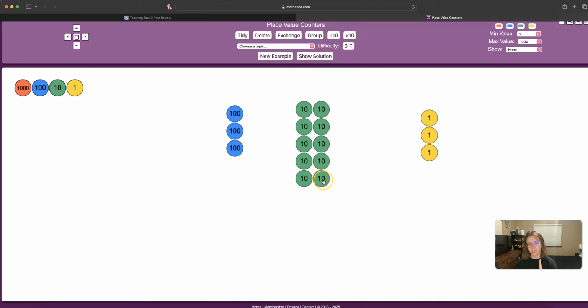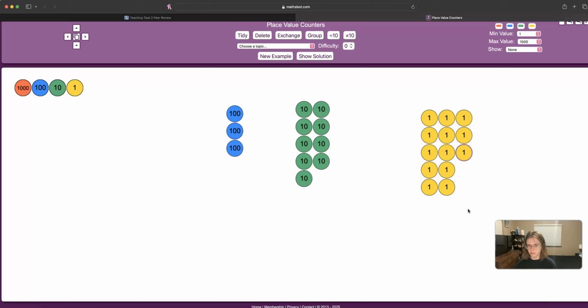We're going to take 1 10, we're going to exchange it for 10 1s. So now we have 3 100s, 9 10s, and 13 1s.